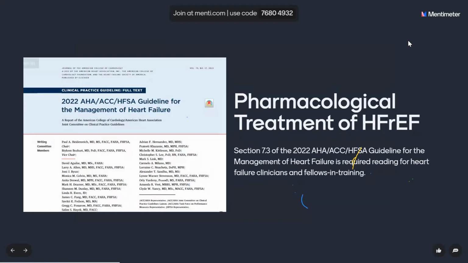So, if you really want to get a good grasp on how the data was put together and really used to create this most recent edition of the guidelines, I think you really only have to read one section of the guideline, which is section 7.3. I looked at it myself to prepare for this talk, maybe 6 to 7 pages. It's not very long.